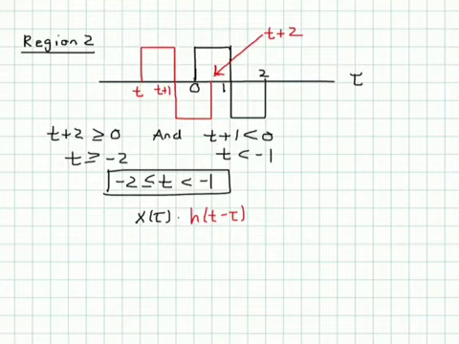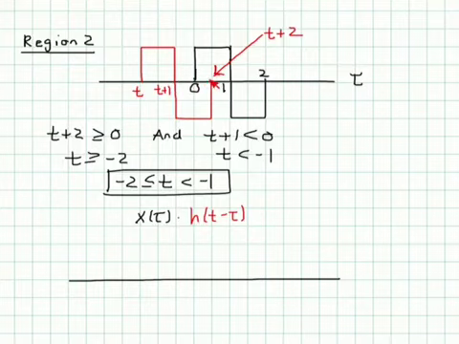Now I have to multiply these two things together, and if I do, I get this curve. Everywhere outside the overlap, I get 0, because I'm multiplying something non-zero by exactly 0.